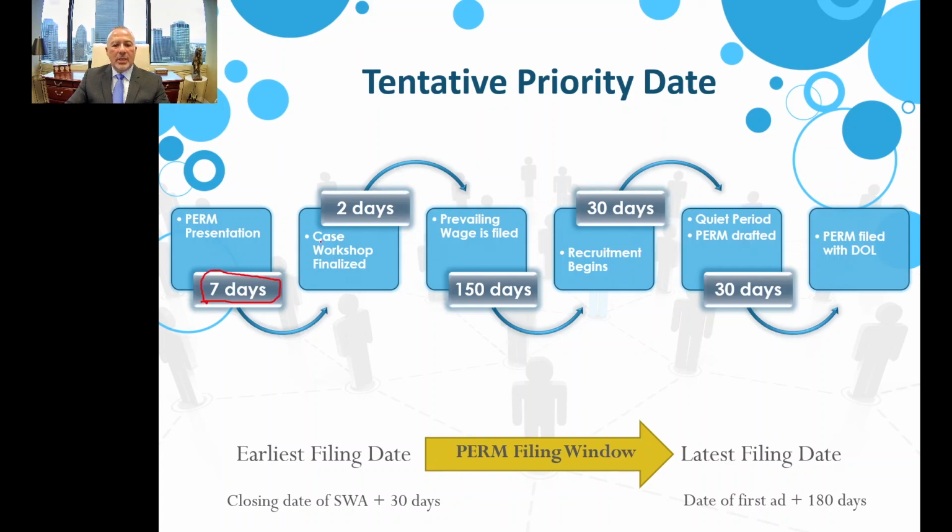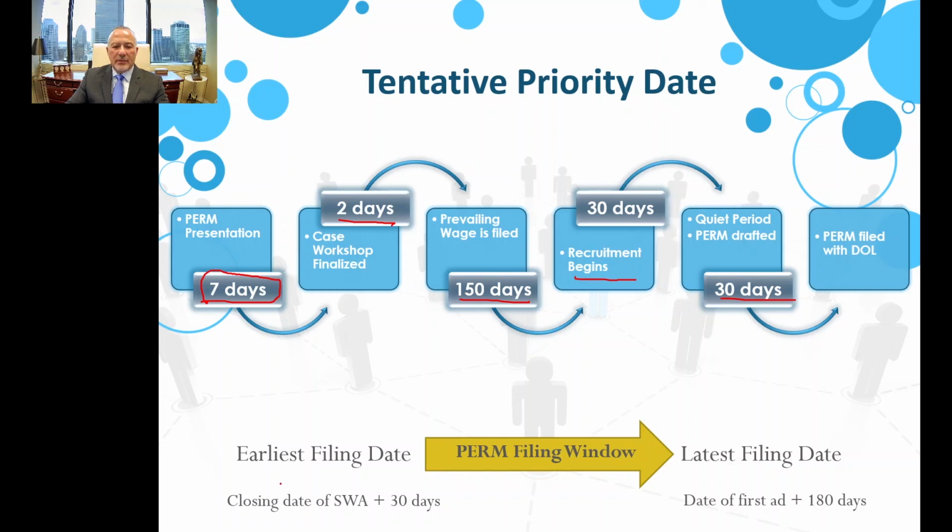From the case workshop finalization to applying for the prevailing wage is 2 days. Then from the prevailing wage to the beginning of the recruitment, depending on how long the prevailing wage will take, usually 150 days. Once the recruitment is done in 30 days, then the quiet period is 30 days, right? Then the perm is filed.